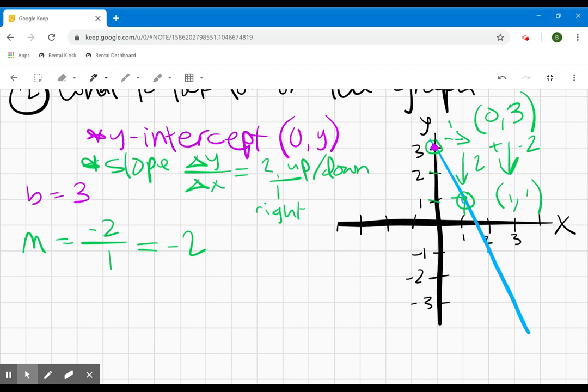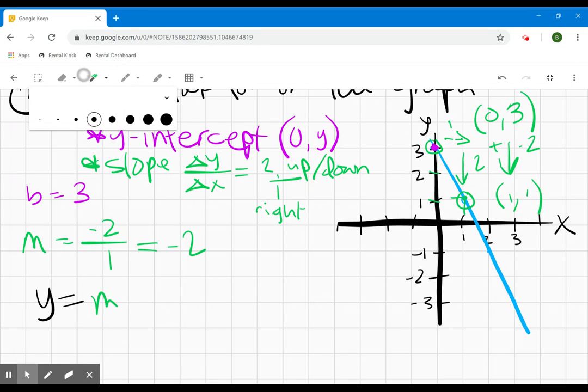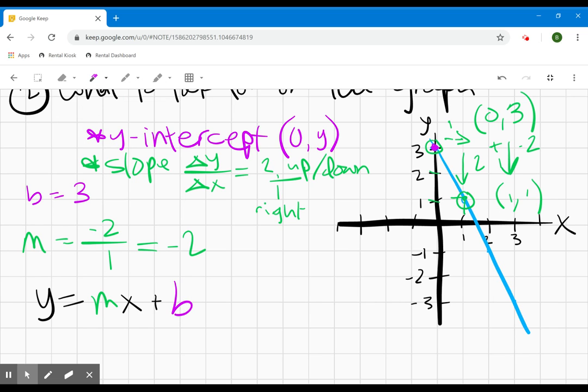So again, that equation form is going to be y equals your lovely slope times x plus b. Now remember, you're not replacing the y, the equal sign, the x, or the plus sign. The only thing you're replacing here is the m and the b.